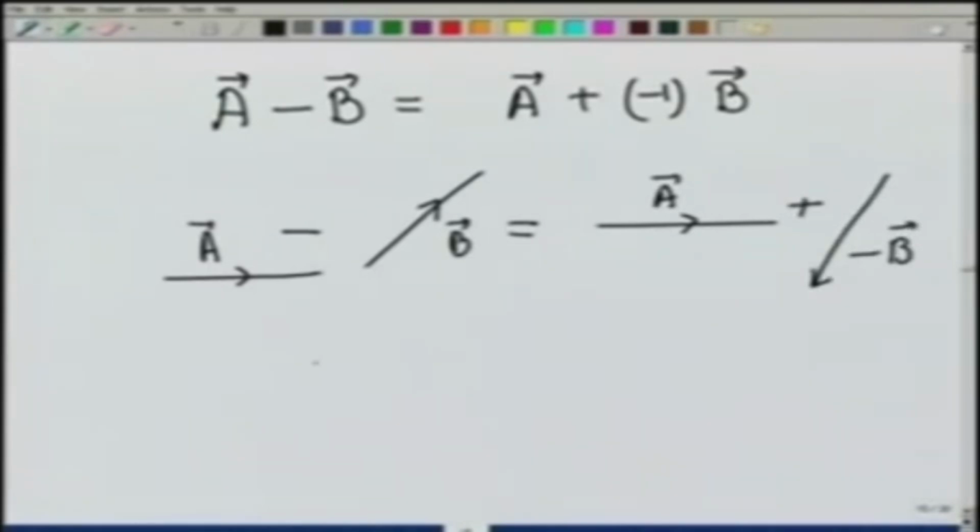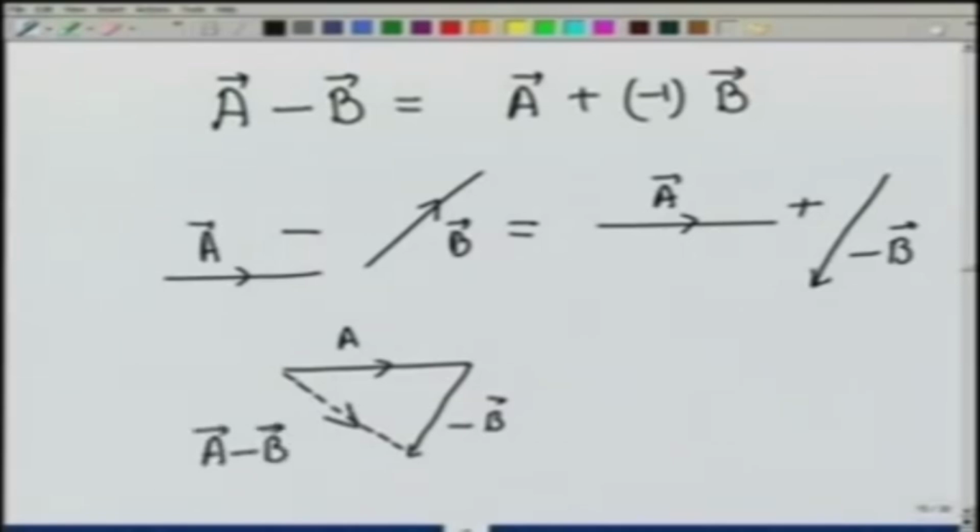So, a minus b would be this. This would give me a minus b. And you can see right away that a minus b is not the same as b minus a, because b minus a would be b minus a.